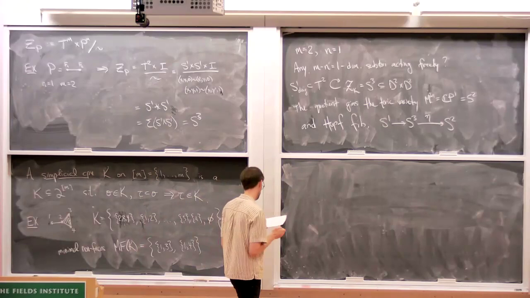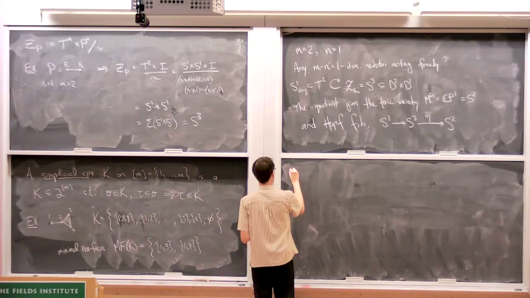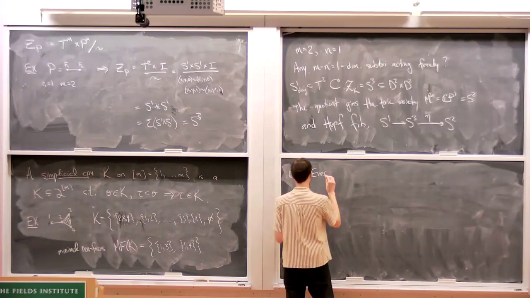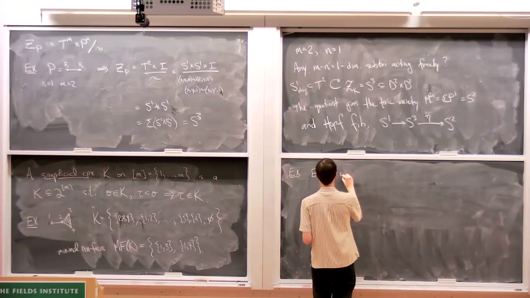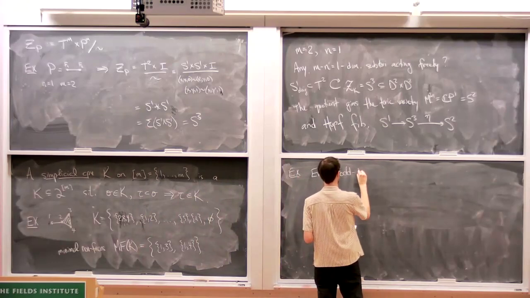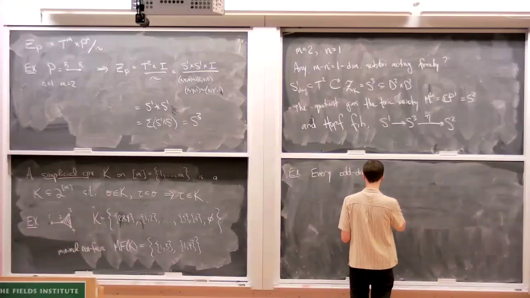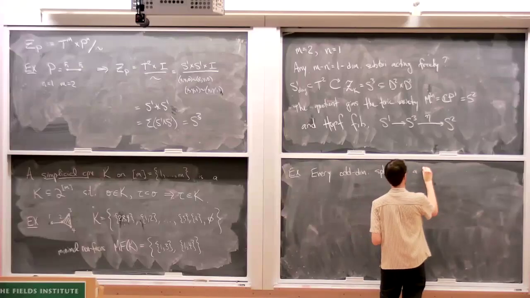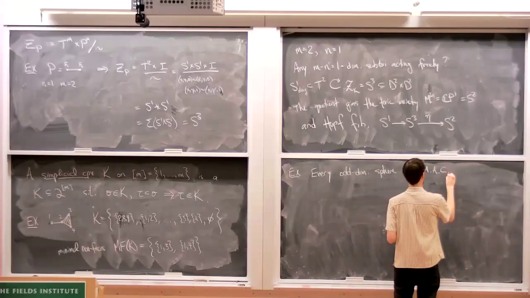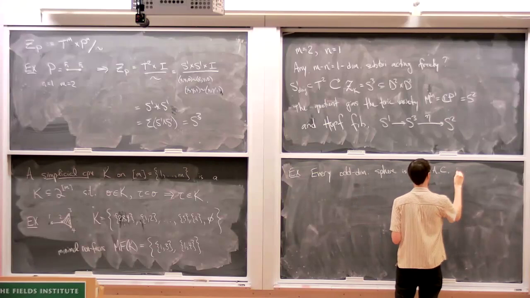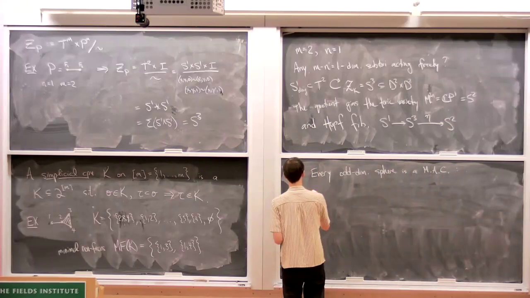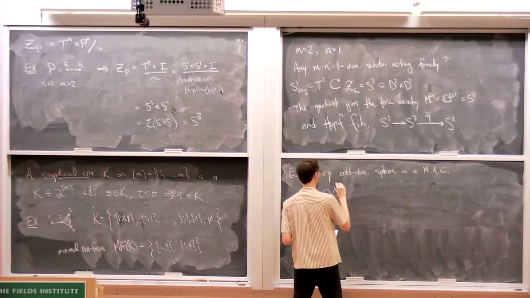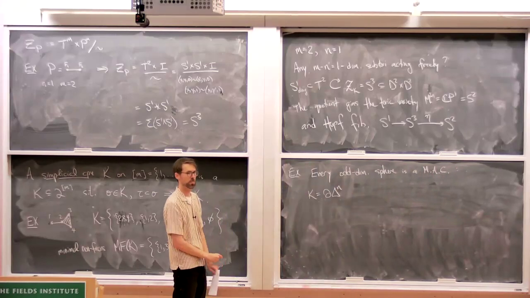Okay, I'm tempted to say more here, but as an exercise, you can check that in fact every odd dimensional sphere is a moment angle complex. So try doing the exact same example, where you take K to be the boundary of the n simplex.